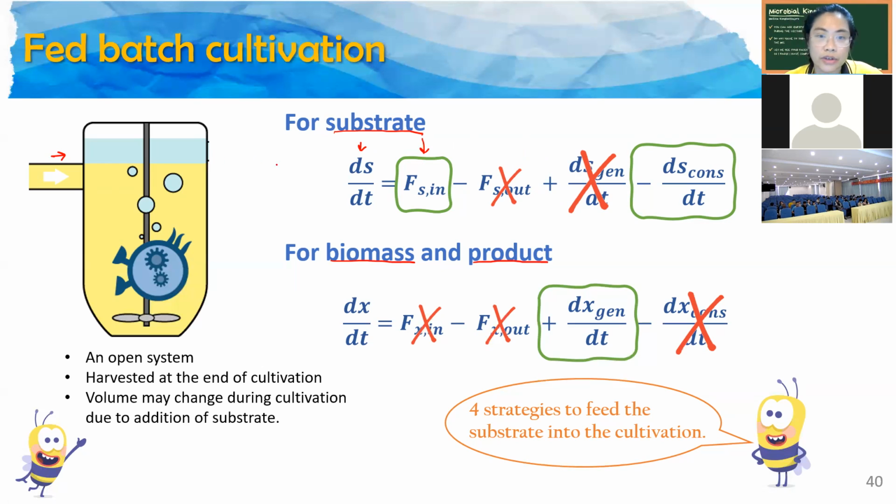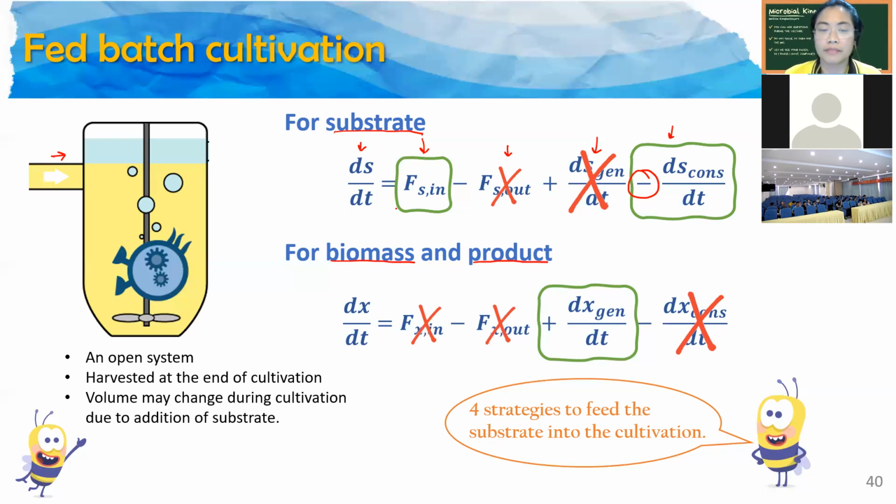You don't have the flow out of the system, so your flow out is 0. And you're not supposed to have substrate generated in a fermenter, so the generation term is 0. But the substrate is being used in the fermentation, so the consumption term stays there with the negative sign.